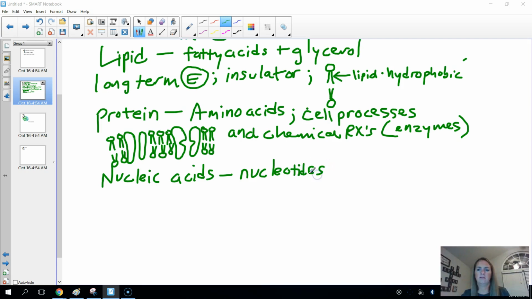Okay, and nucleotides are made up of a phosphate group, I'm just going to put a P, a sugar group, I'll put an S, and a nitrogen base. So these nucleotides are repeated units, and we find them in our two examples of nucleic acid, which are DNA and RNA.